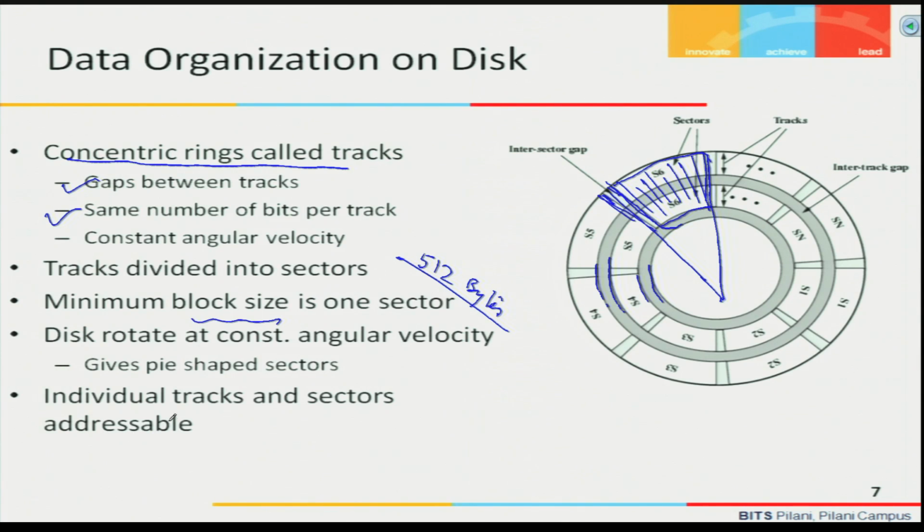So, addressability is what? Here the individual tracks and sectors can be addressed. It is not traditional sequential like in magnetic tapes. So, it is different from the magnetic tape access method and the access method used in random access memory. It is in between, a combination of sequential plus direct.